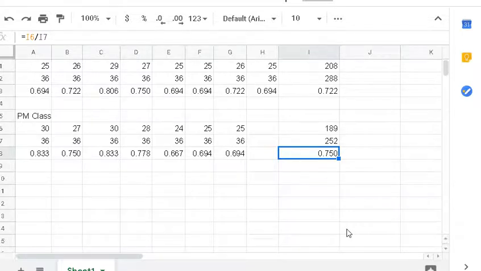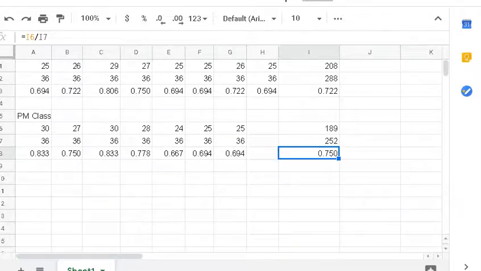Let's just take a quick peek back at our spreadsheet. So, out of our 252 tries, we had 189 points that landed in the water.